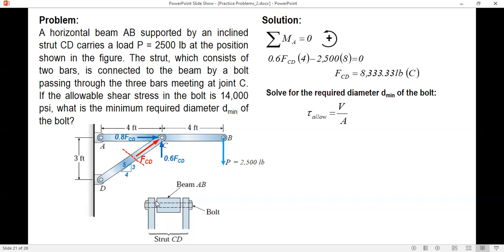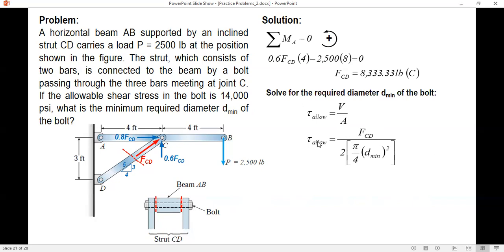This one and this one. So, double shears. So, the area will be multiplied by 2. So, allowable stress is force FCD over 2 times area of the circle, pi over 4, diameter squared.